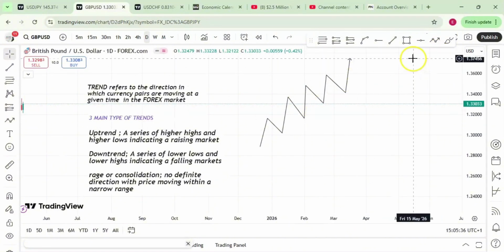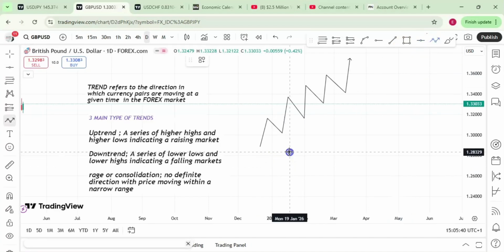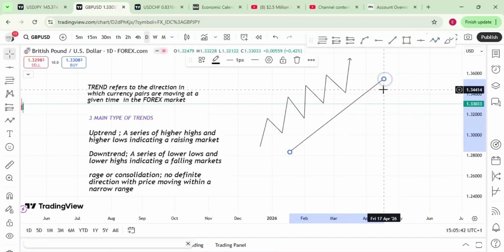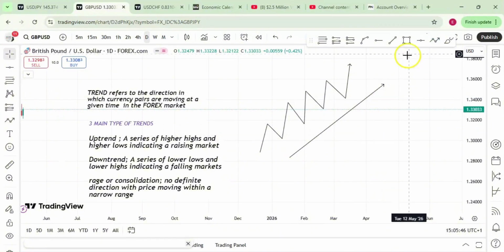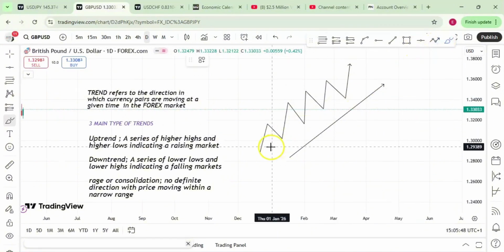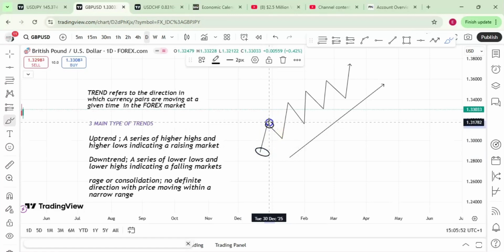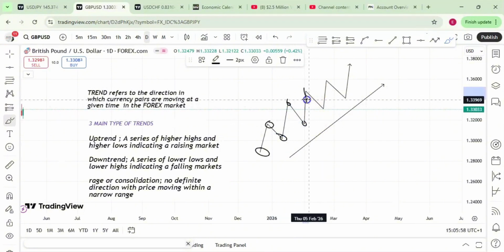So this is an example of what an uptrend looks like, with the market going up, rising, or with buyers in the market. So if you have a market like this that has a series of lower high, higher low, higher high, higher low, higher high.